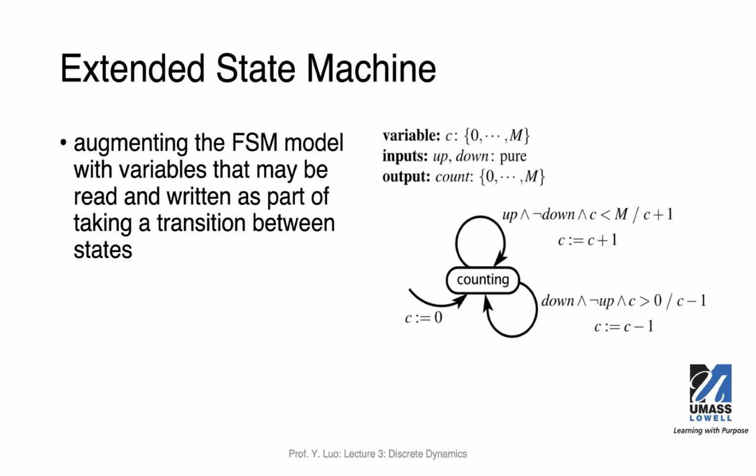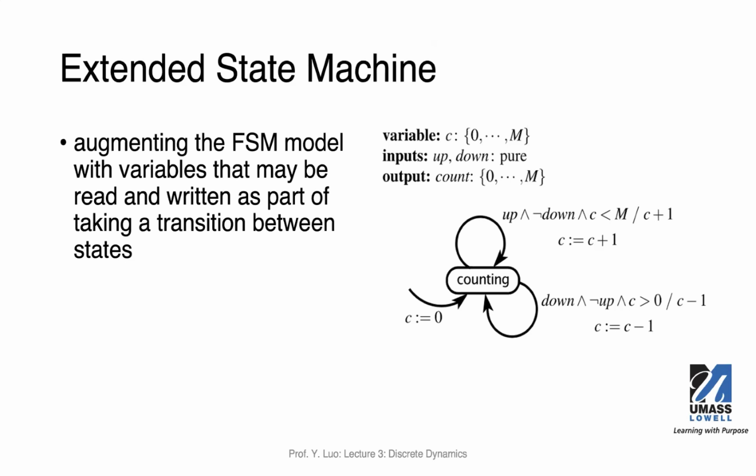We have just one state, and it's just counting. The variable here is C, which takes possible values 0, 1, up to m. The inputs are the same. We have up and down, two pure signals, so they could be absent or present. The output is the same as before, the count, which has possible values from the set 0, 1, up to m.